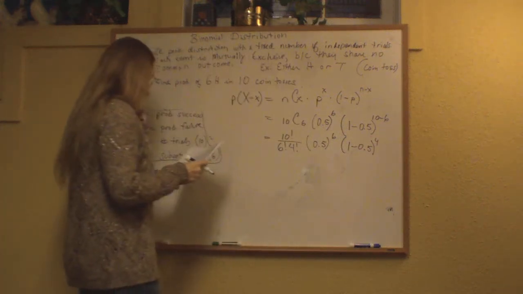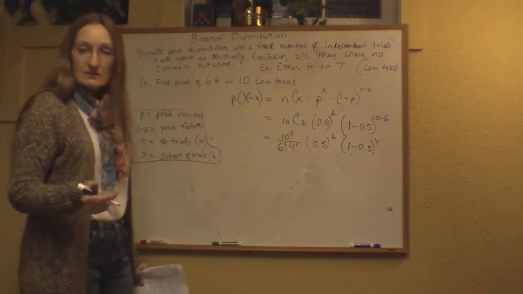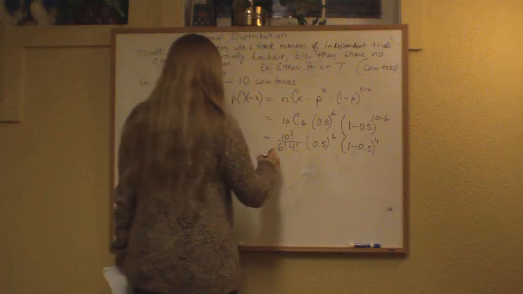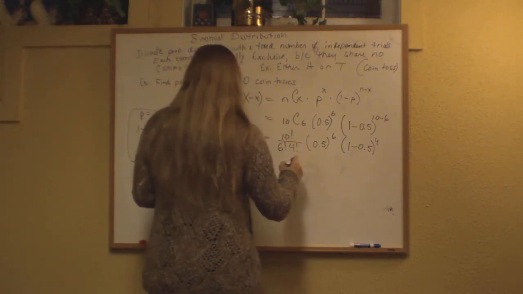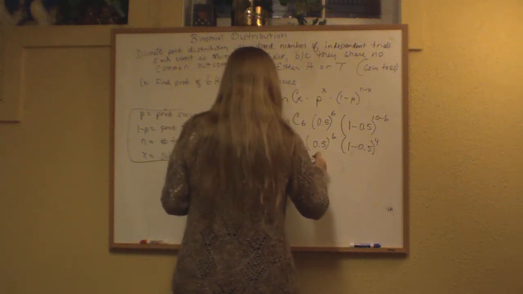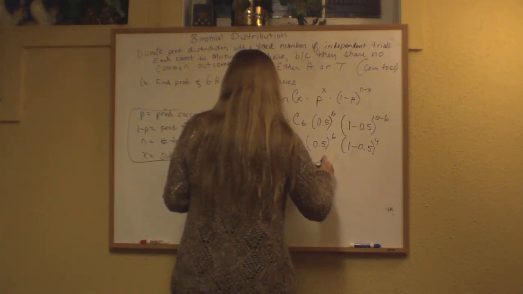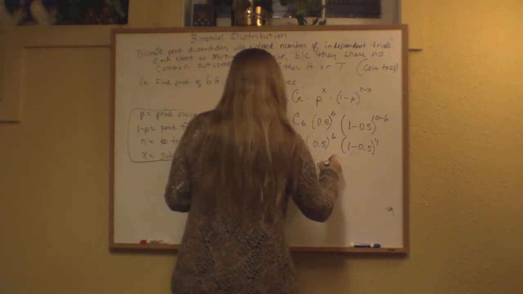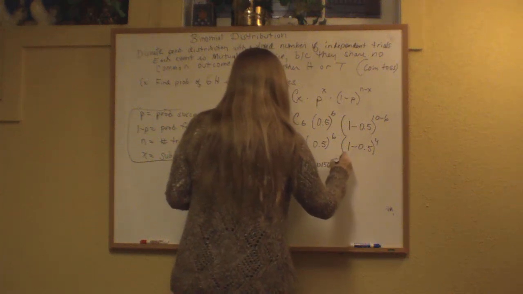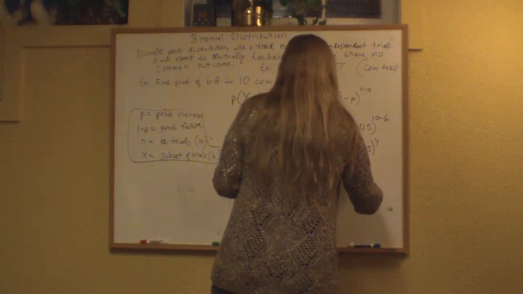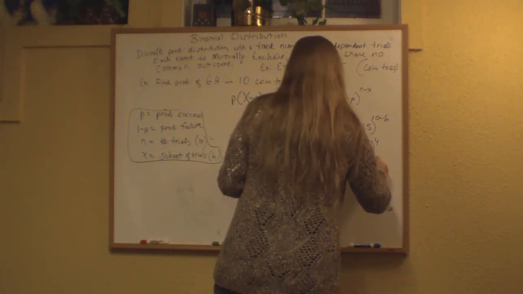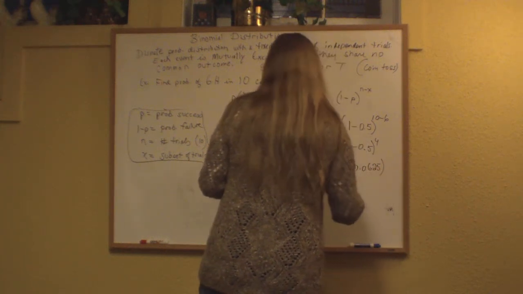Now in the calculator you can simplify using the factorial notation, and that will equal 10 times 0.015625, and then 0.5 to the 4th is going to be 0.0625.